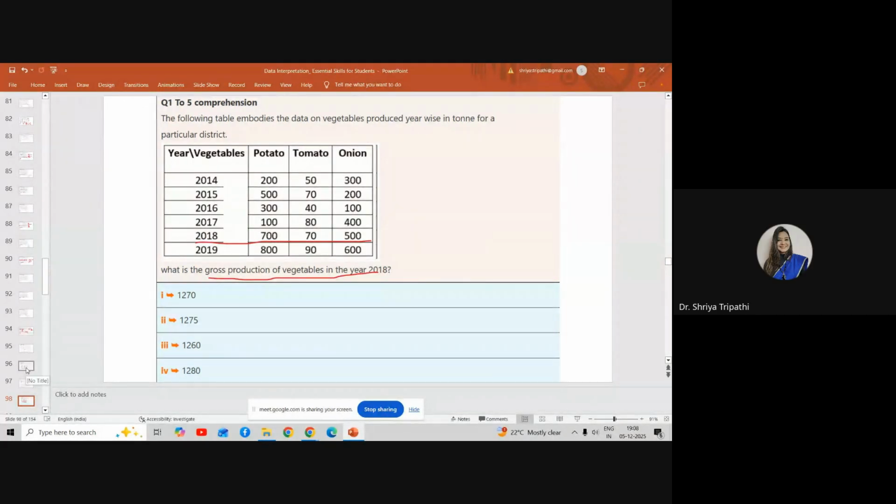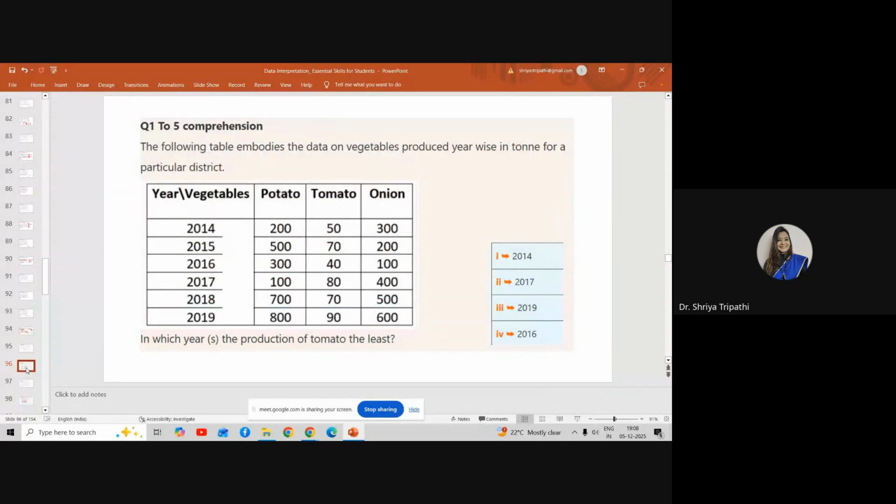In which year is the production of tomato least? In which year is the production of tomato least? By just looking at the chart, focus on this column.